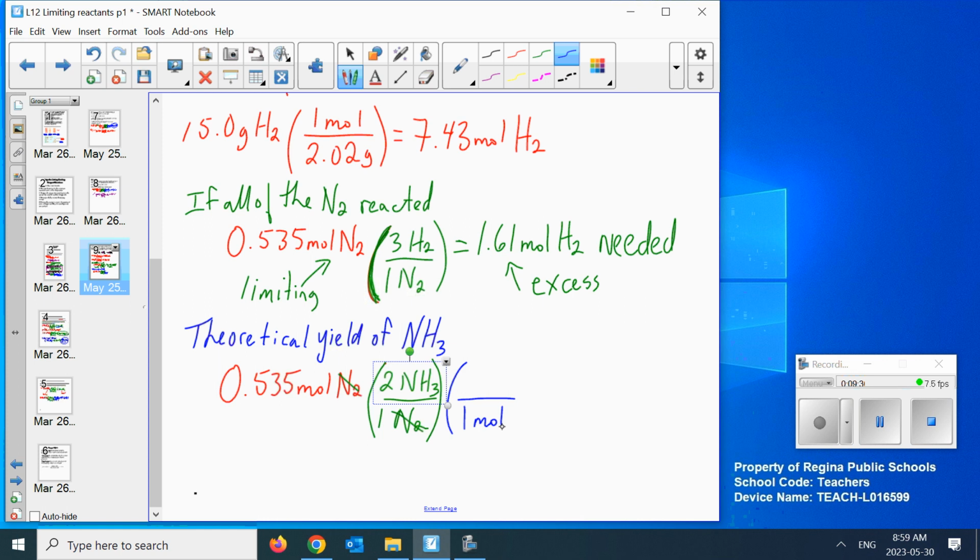The molar mass is 14.01 plus 3.03 for the hydrogen, about 17. Put this in and figure it out: 0.535 times 2 times 17, that's the theoretical yield. Now we can do the percentage.